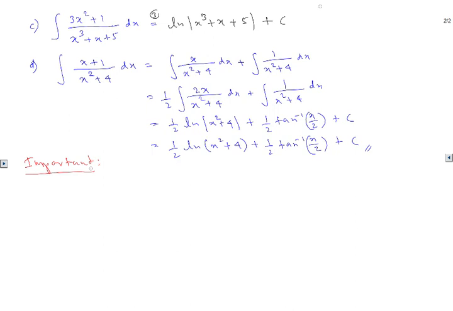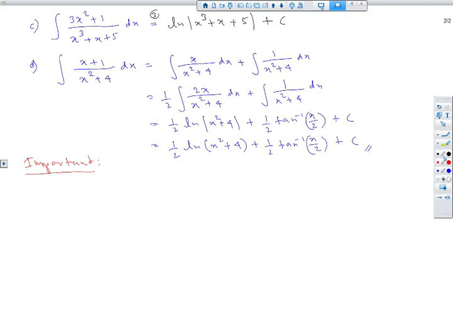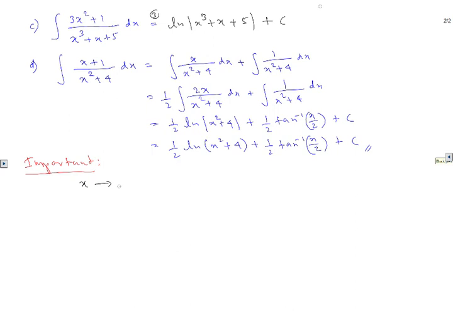If you replace x with x plus a constant, the same formula works. And what does that mean?